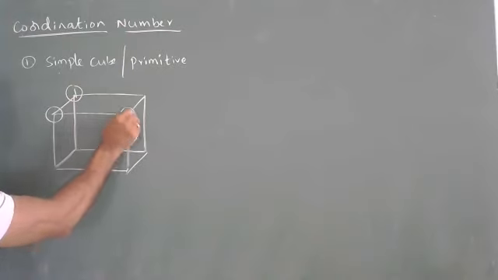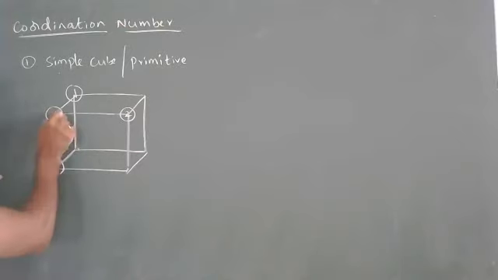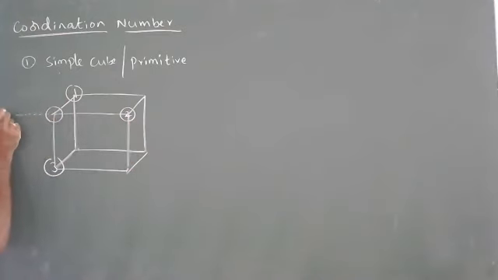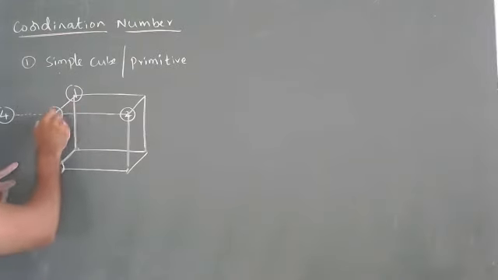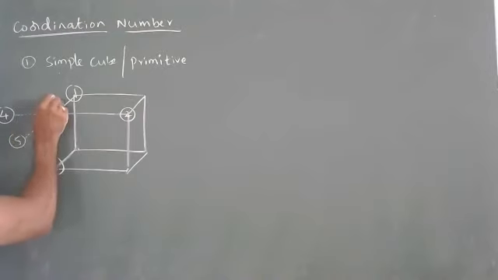This atom will touch this atom, not this one. So 1, 2, 3. If we have an atom here, here also we have an atom, that is 4. And here we can find one atom, that is 5. Here we can find one more atom, that is 6.